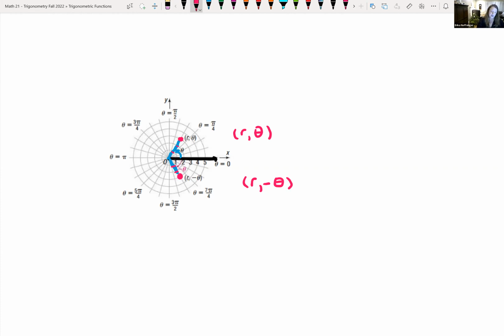And so if you're trying to test for symmetry across the polar axis, notice if you plug in negative theta wherever we see a theta in our polar equation, and we get back the same r value, then it's symmetrical with the polar axis.